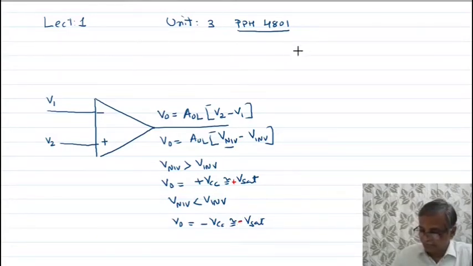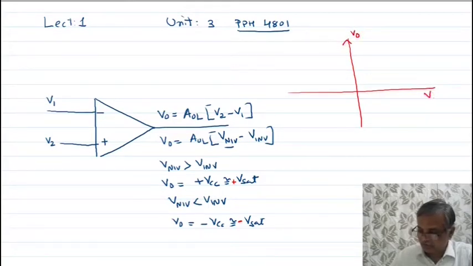This is your transfer characteristics of the comparator. This is your V non-inverting minus V inverting. So you will get such kind of waveform.